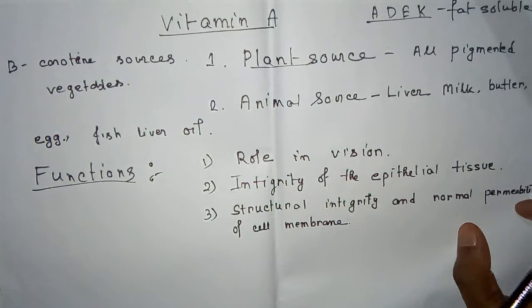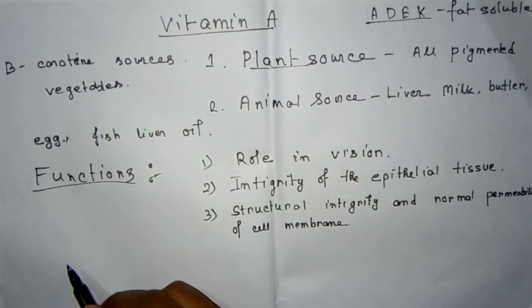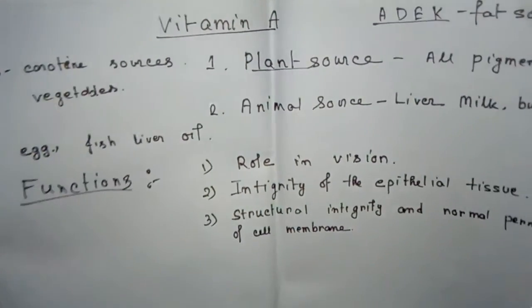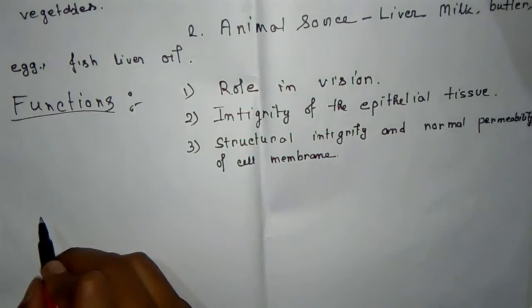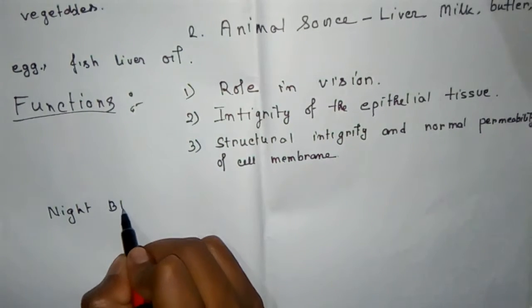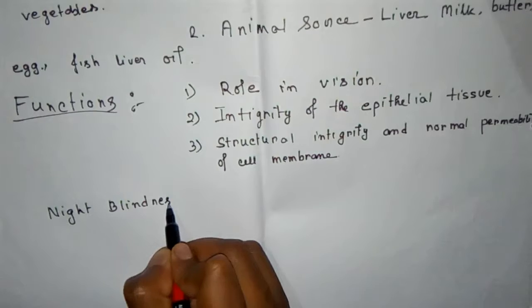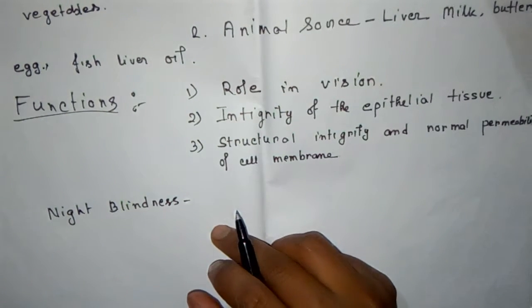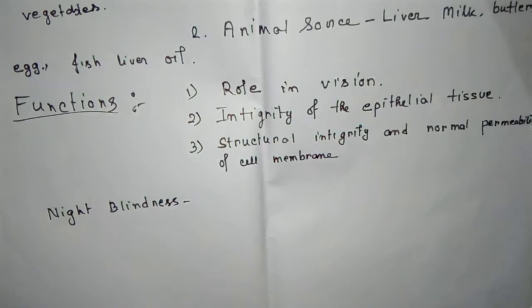Number one, night blindness or nyctalopia. In night blindness, visual activity is diminished in dim light.